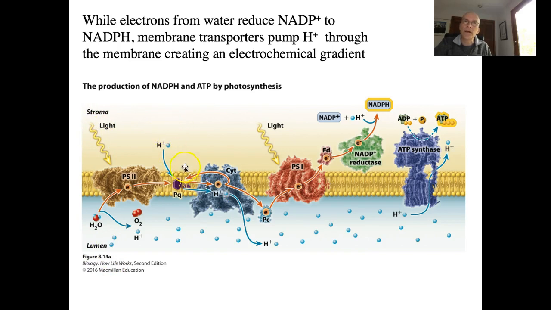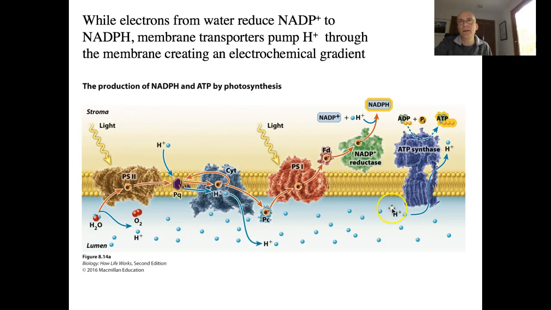So from the outside to the inside. And as they're pumping these hydrogen ions, the concentration of hydrogen ions gets higher on the inside, low on the outside, and that sets up an electrochemical gradient, right? So more positive charge here, less positive charge here, that sets up an electrochemical gradient, just like what we discussed before when we had hydrogen pumps. So this is essentially a hydrogen pump.